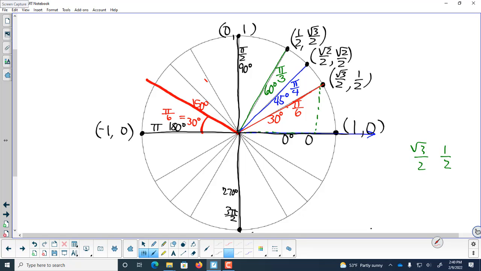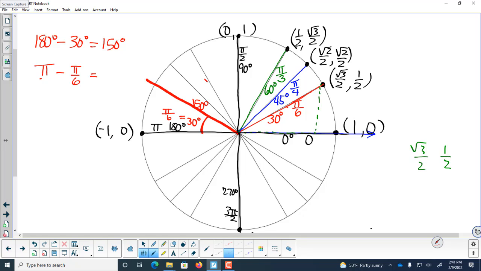Anybody do it different? You could do 6 pi over 6 minus 1. You did 180 minus 30 to get 150, didn't you? What's 180? Pi. What's pi minus pi over 6? And Jack, why did you say 6 pi over 6?